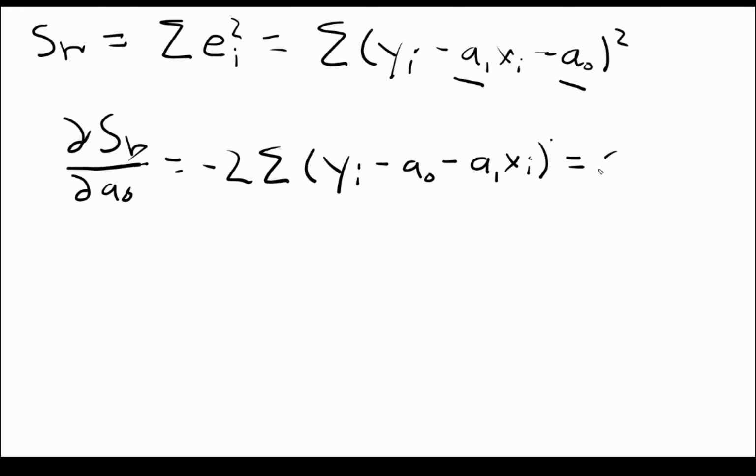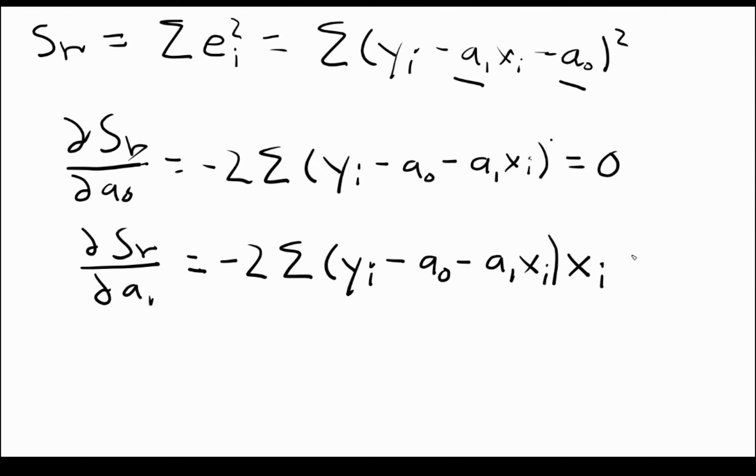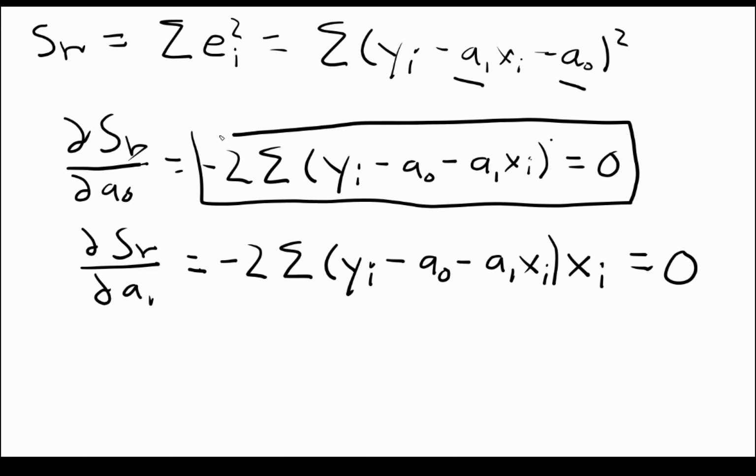We set that equal to 0, and then we take the partial derivative with respect to a1. And we also set that partial derivative equal to 0. So we now have two equations. Equation 1.